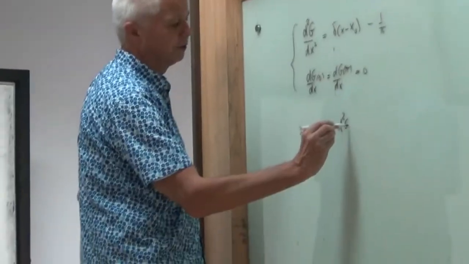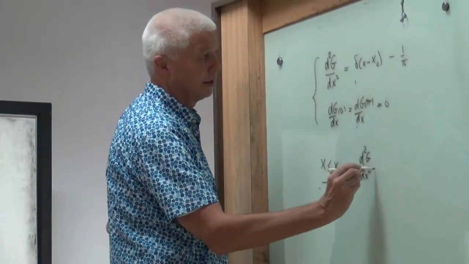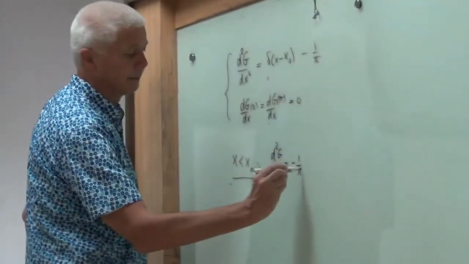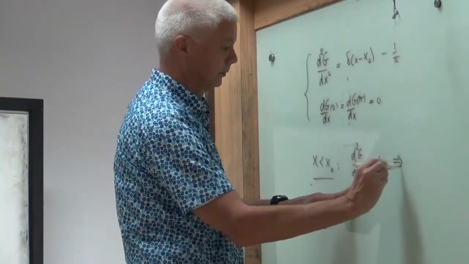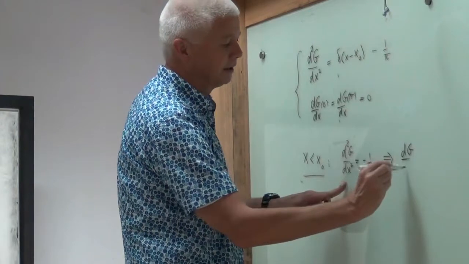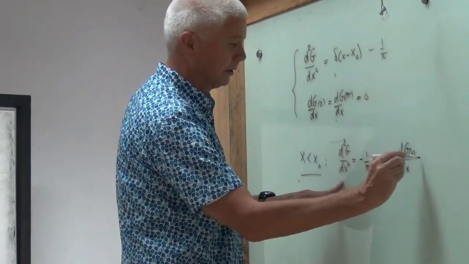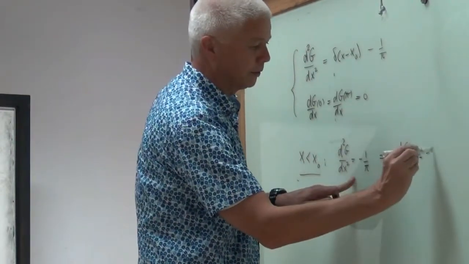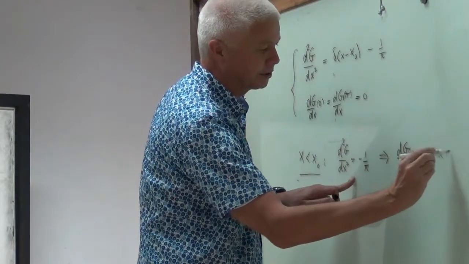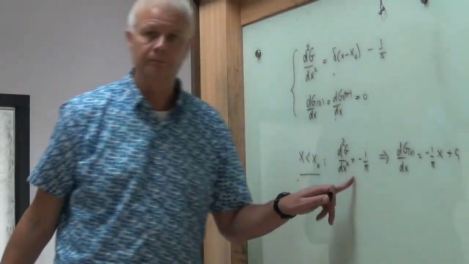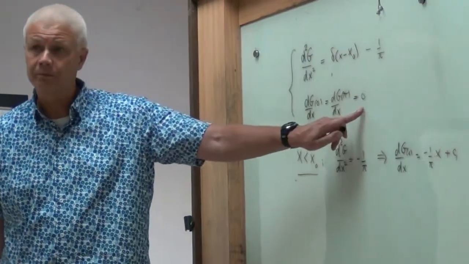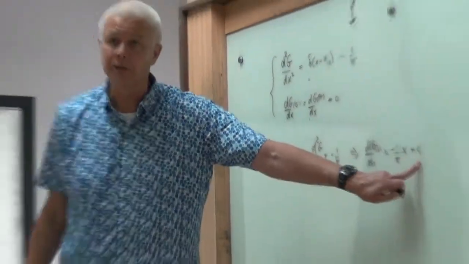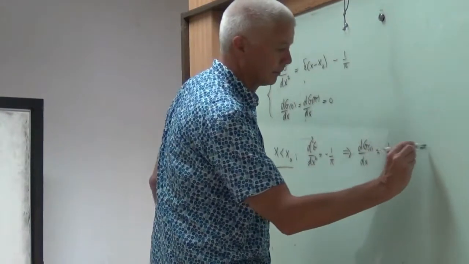Then I have to solve the equation: the second order derivative is equal to minus 1 over pi. Integrate it once. Then you will get dg/dx is equal to minus 1 over pi times x plus a constant c1. I know that dg/dx at 0 is 0, so c1 should be 0.